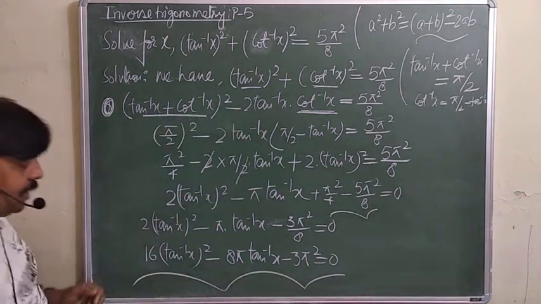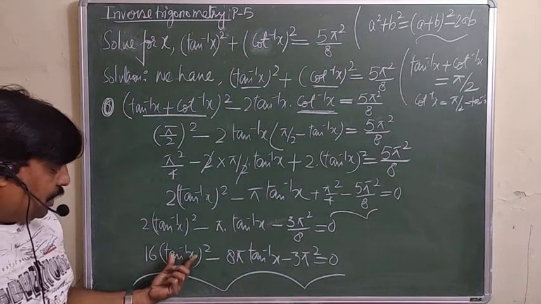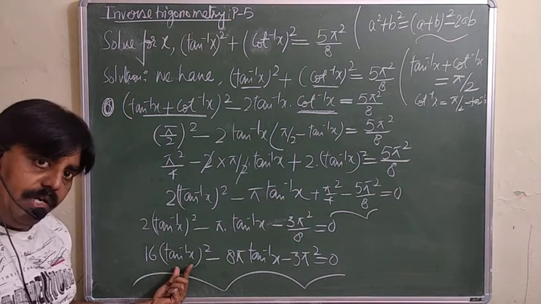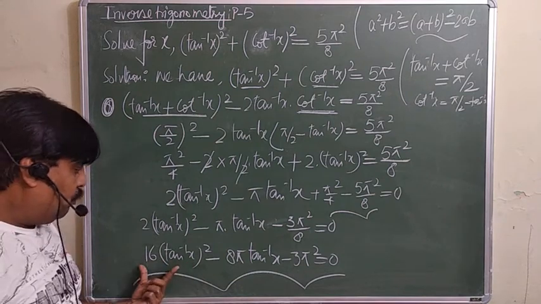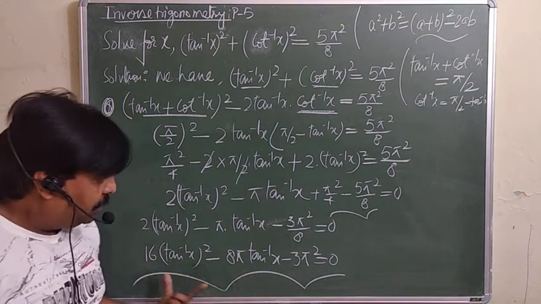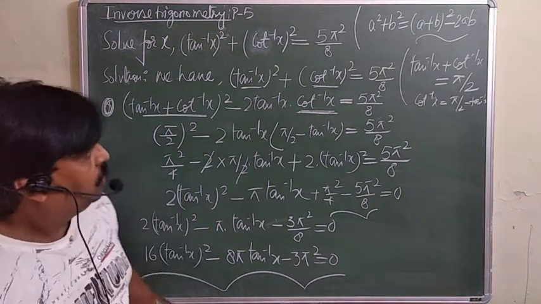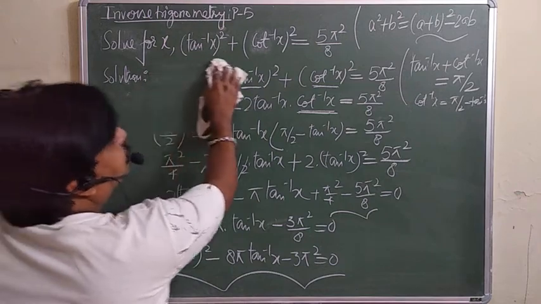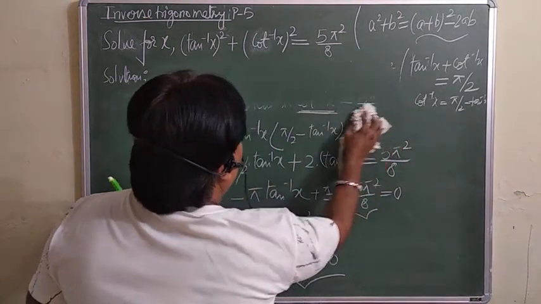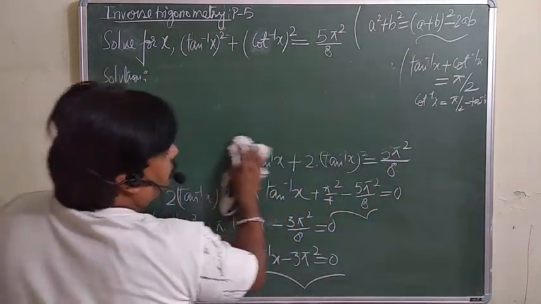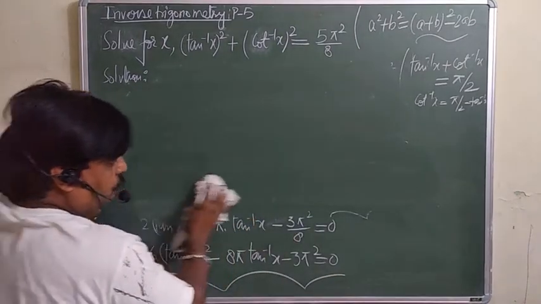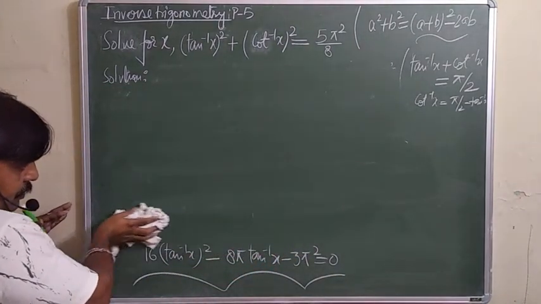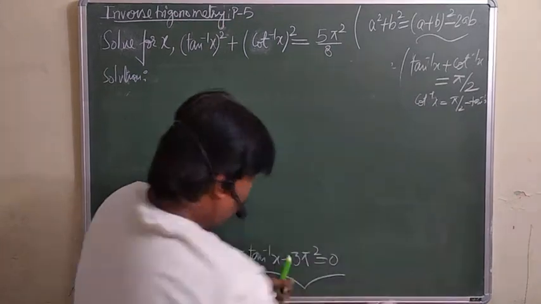So finally, if we assume this tan inverse x is equal to a or any other term, you will get a quadratic equation. Then you can solve this quadratic equation. So look at here now. So finally this is your equation.